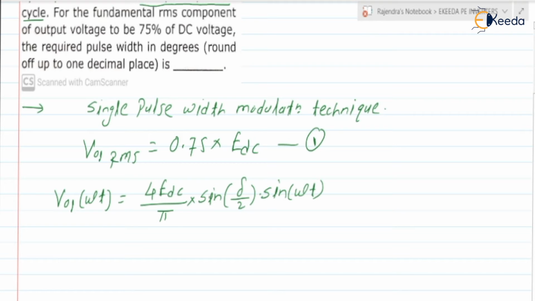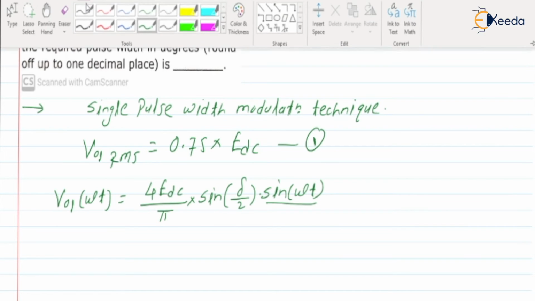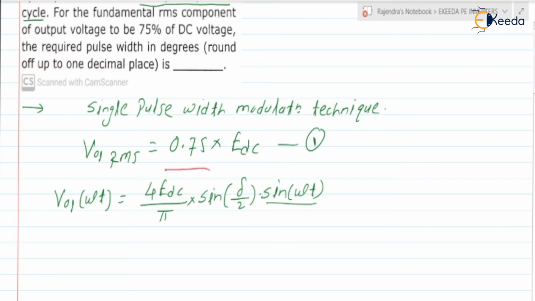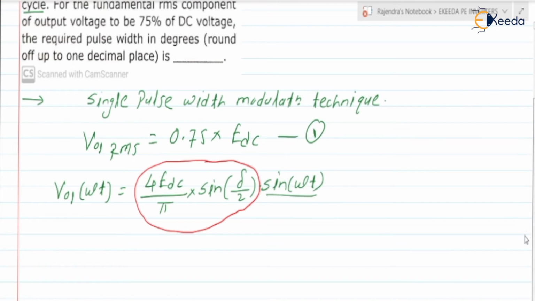So this is the output voltage at fundamental frequency, a sinusoidal term.